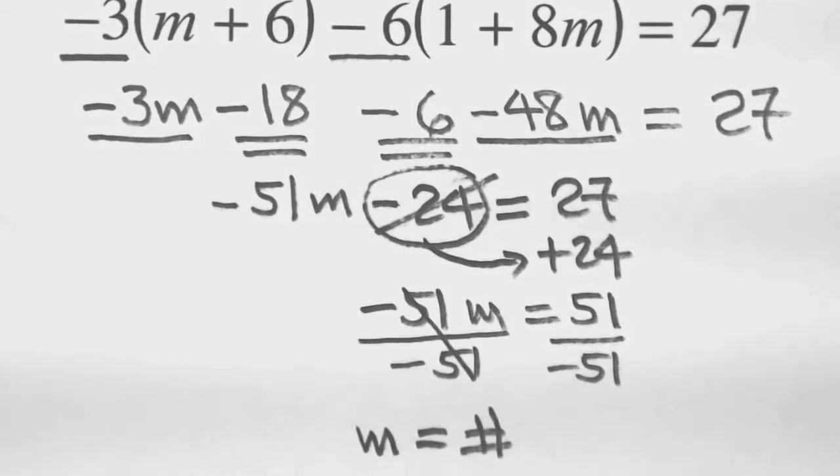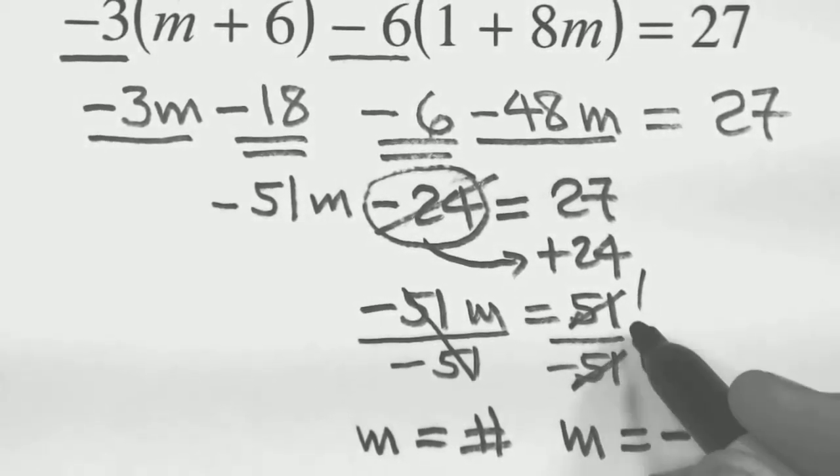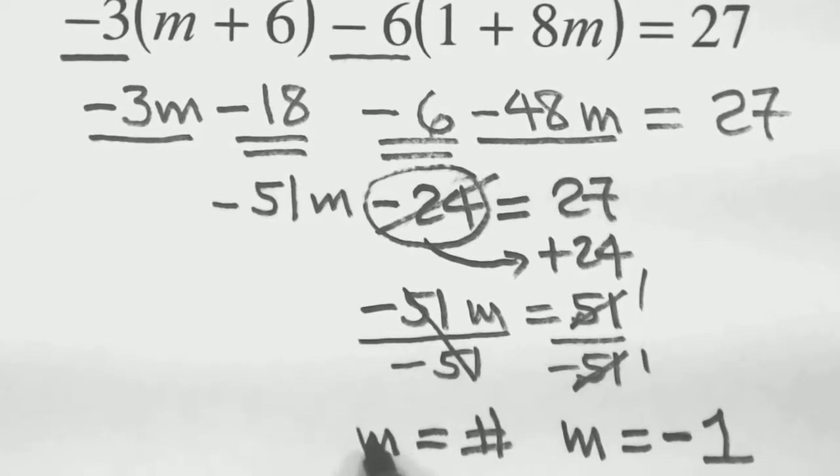The two minuses give me a plus. I'll write the answer over here where I've got a little bit more room. M equals, and now notice on the right side there's a single minus sign, so here it is. And of course 51 over 51 just reduces to 1. So our final answer on this, m equals negative 1. Of course, that's what our target was, so we've accomplished that.